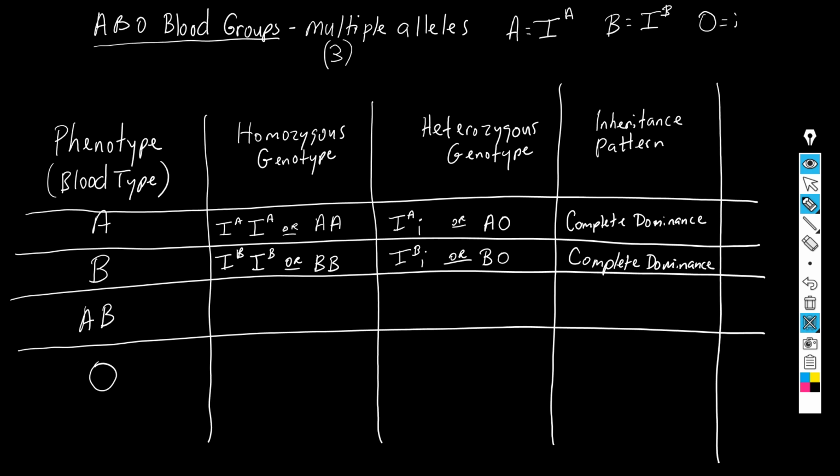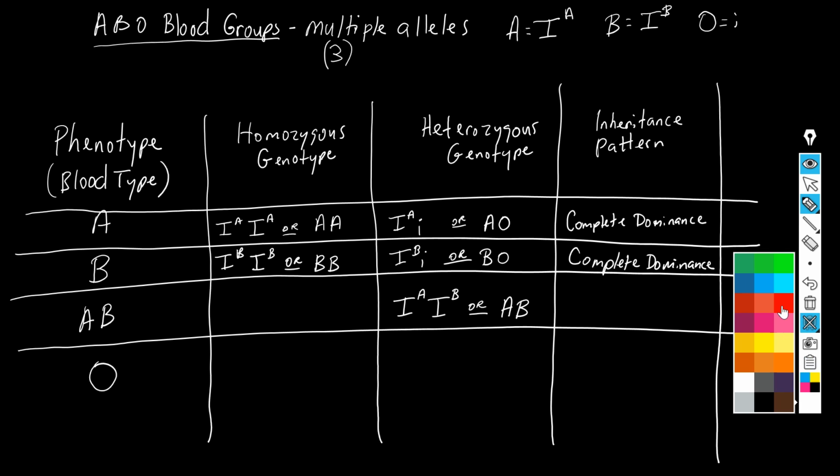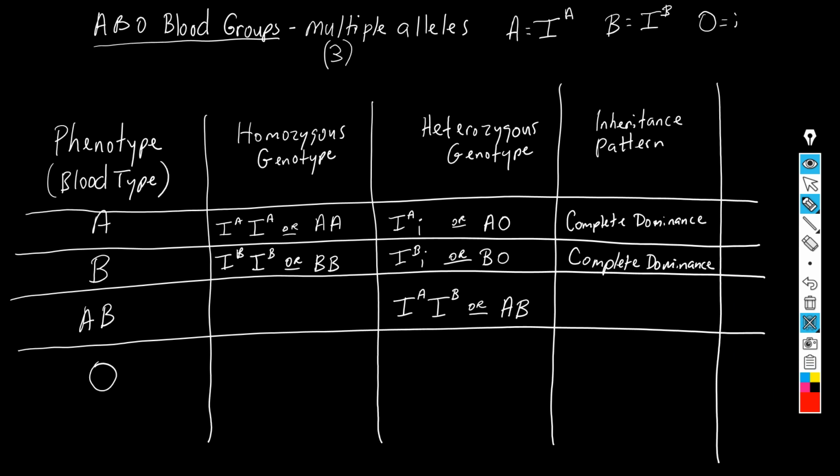Type AB. We are first going to do the heterozygous genotype. So the heterozygous genotype would be capital I^A, capital I^B, or you could simply say AB. Now, with the homozygous genotype, I'm going to go ahead and X through that because there is not a homozygous genotype.